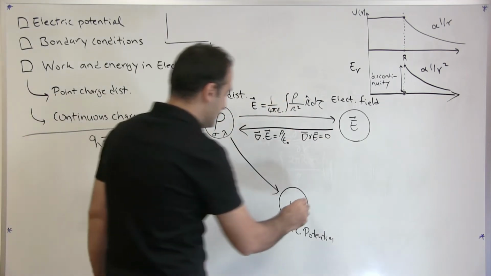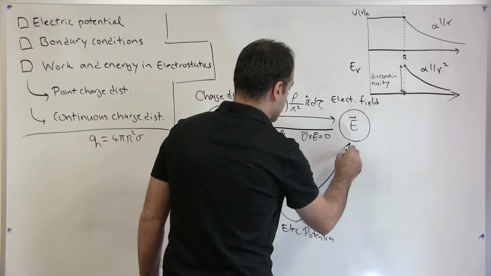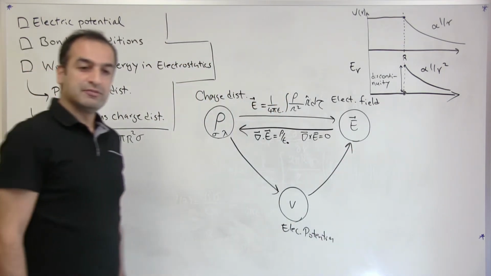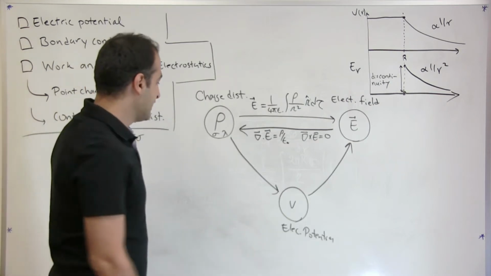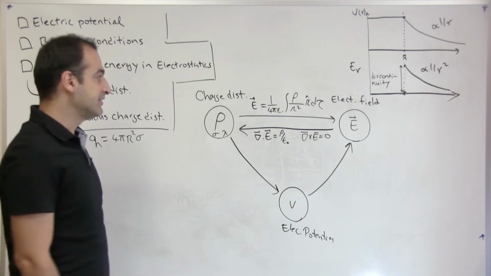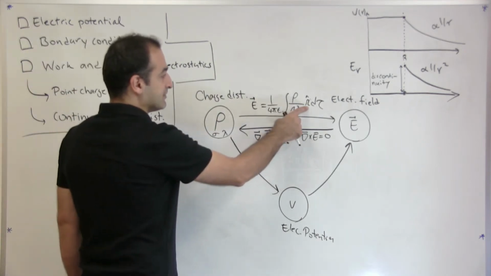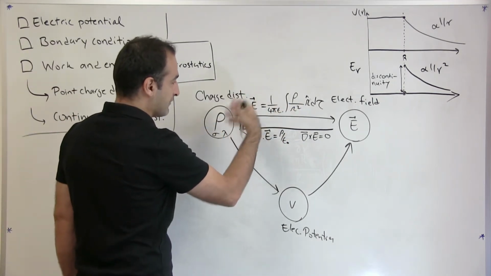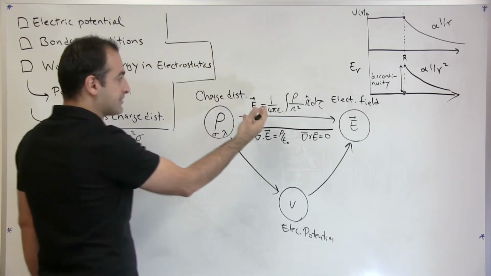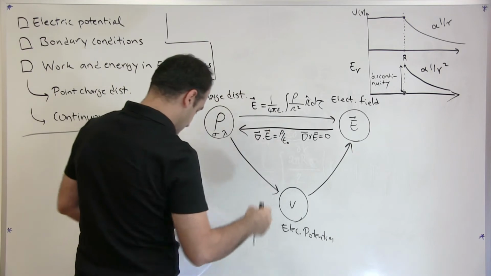And then from electric potential, you can calculate the electric field. So if you have a random charge distribution, how can you calculate the electric potential? That's a very similar integral to this, except that we don't have r hat and we don't have all the complication arising from the vector format of the electric field.